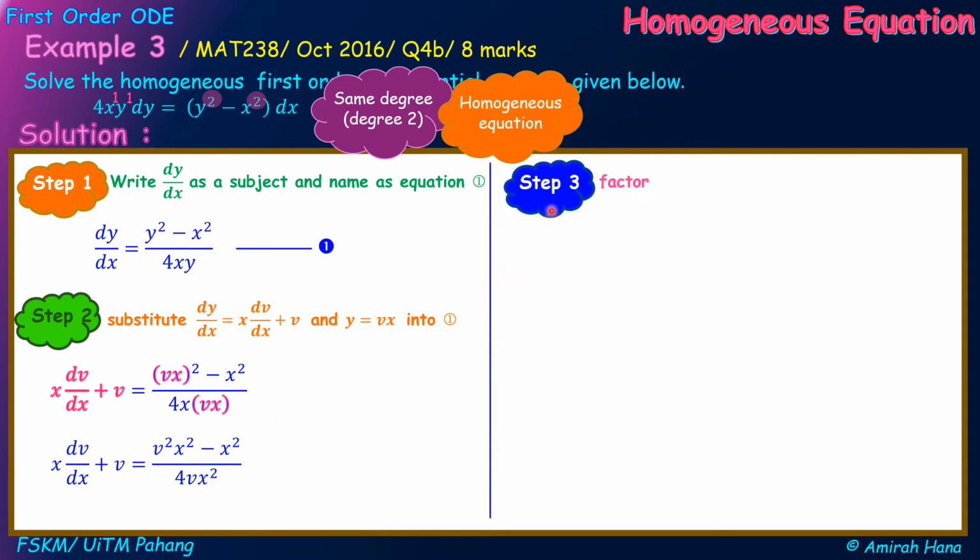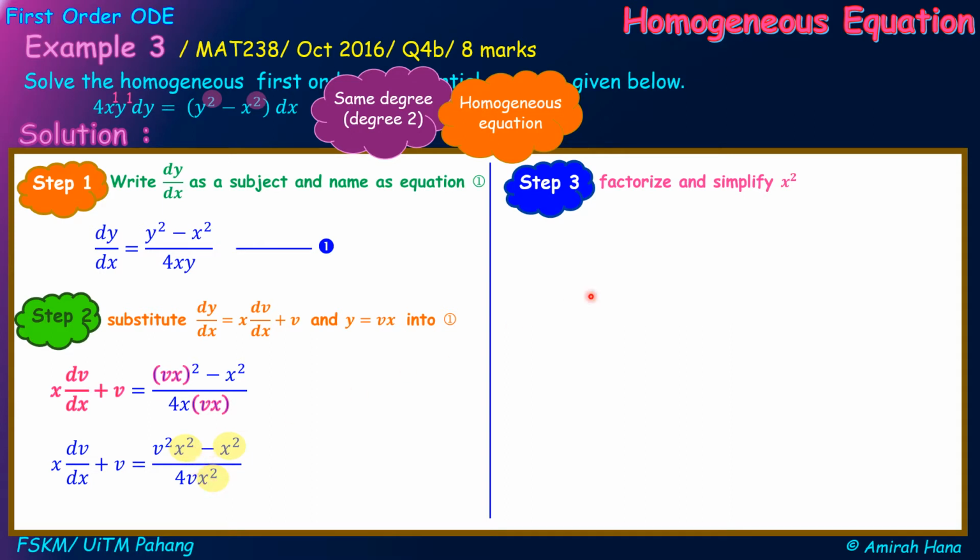Then we continue with step 3. Factorize and simplify x squared. From the right hand side here, we have terms containing x squared in the numerator and in the denominator. All terms in the numerator and denominator contain x squared.